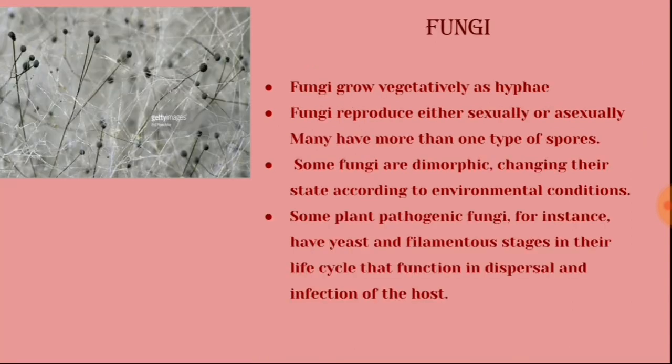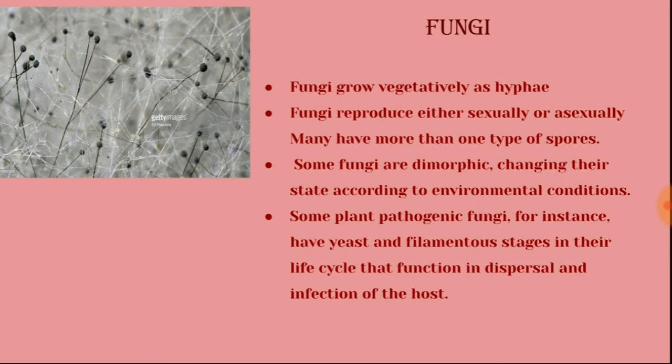vegetatively as hyphae. You can see the image of a hyphae, and the fungi reproduce both sexually and or asexually. So many have more than one type of spores during reproduction. Some fungi are dimorphic, changing their state according to the environmental condition.